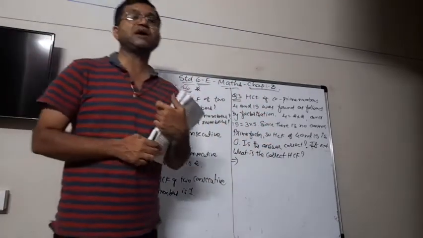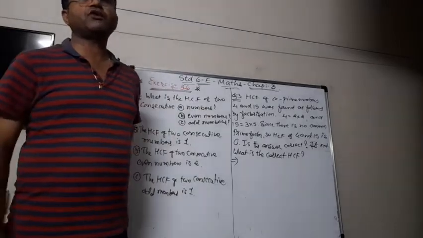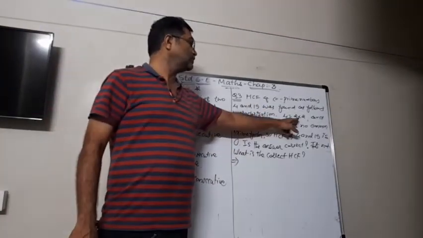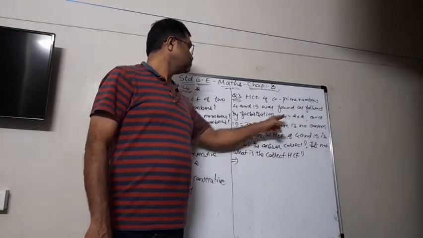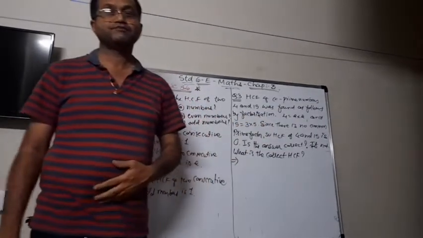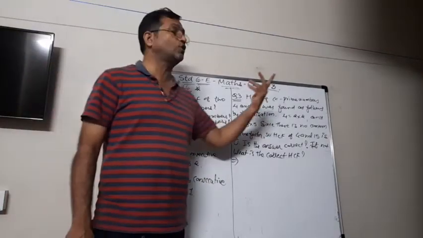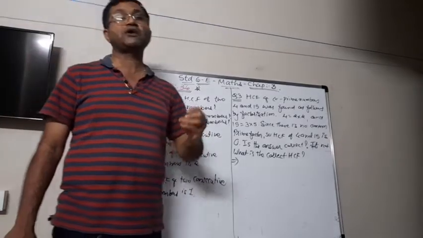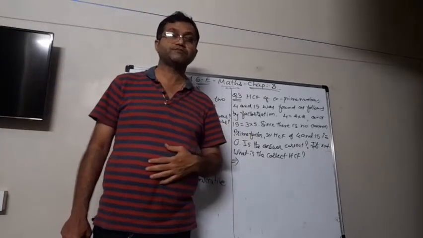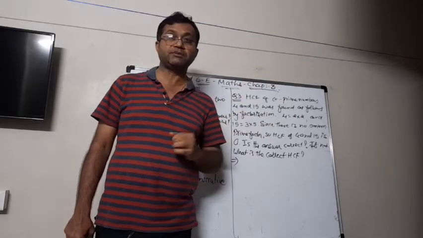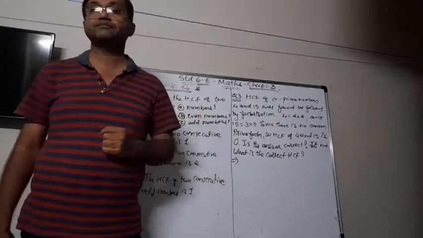Now here you can see that 4 and 15 are co-prime numbers. They give the factorization 2 into 2 is 4 and 3 into 5 for 15. And they say that since there is no common prime factor, the HCF of 4 and 15 is 0. This is an absolutely wrong statement. You know why?